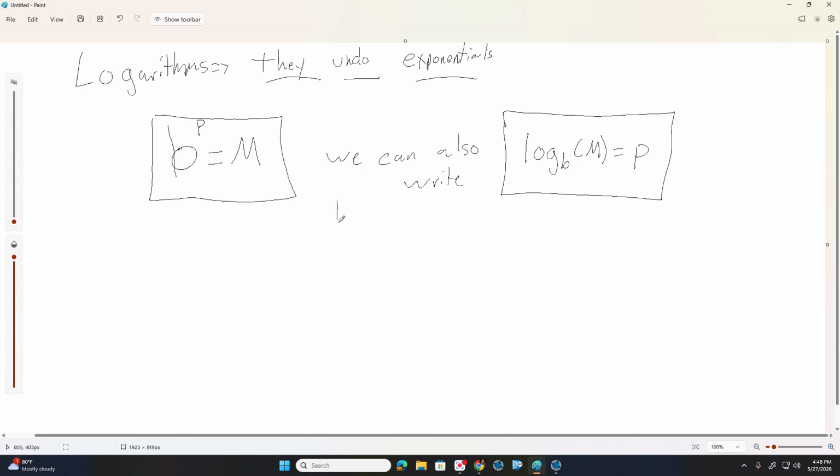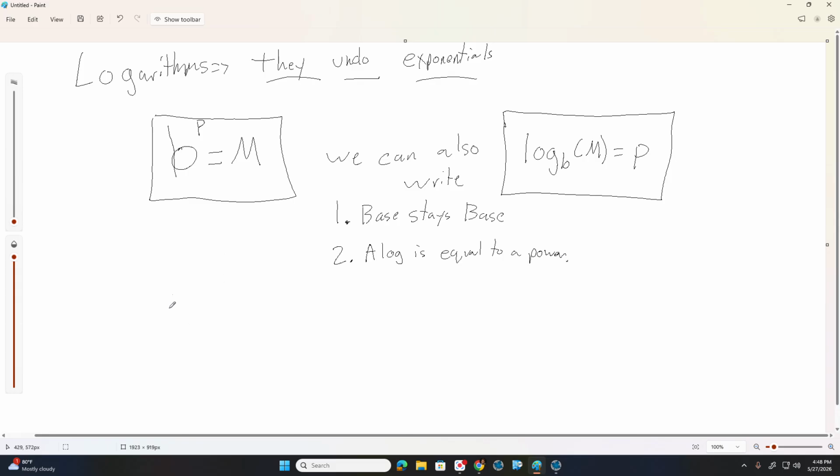And the two most important words we should write are: the base stays the base, and we also want to make sure that a logarithm is equal to a power.